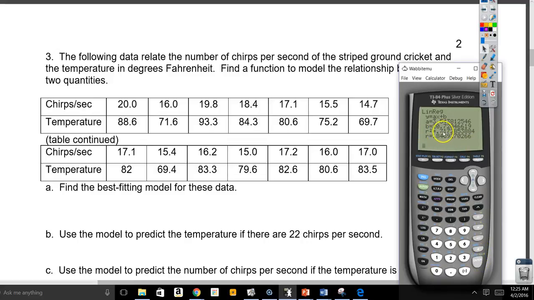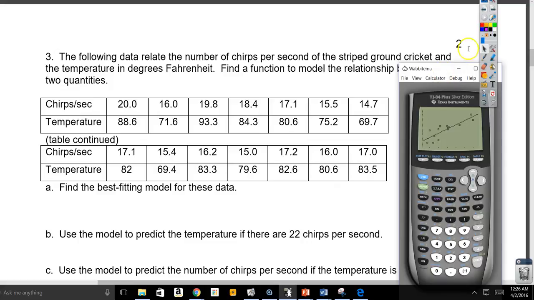Now here's our R. It's 0.846, and that's close to 1, so it could be linear. Let's look at our picture. They're not completely tight to it, but it looks okay.